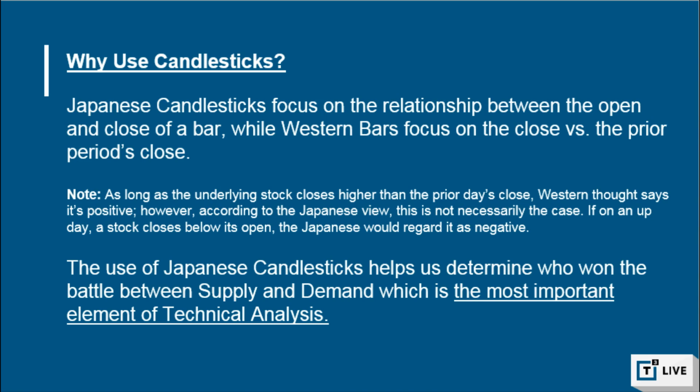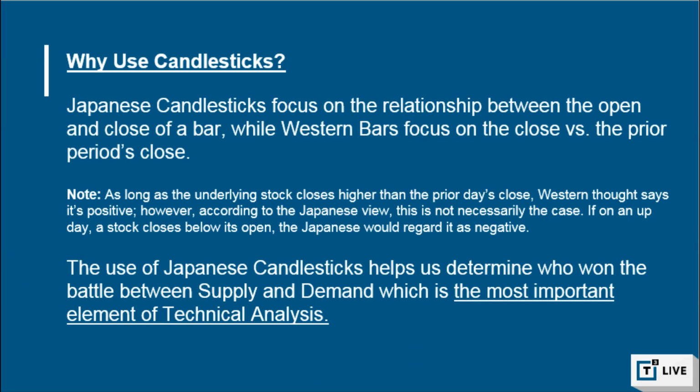The use of Japanese candlesticks helps us determine who won the battle between supply and demand, which is the most important element of technical analysis. I underline that for a reason, obviously. So the most important element of technical analysis is determining who is in control, who is winning the battle, the buyers or the sellers.